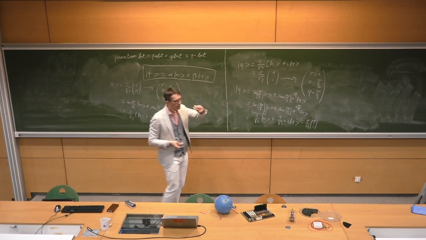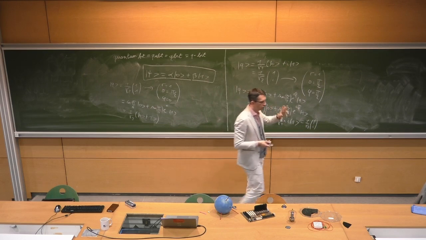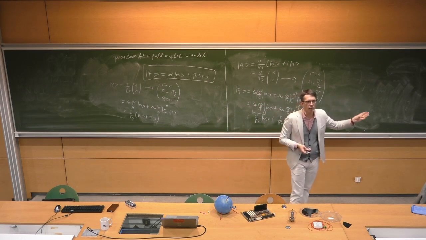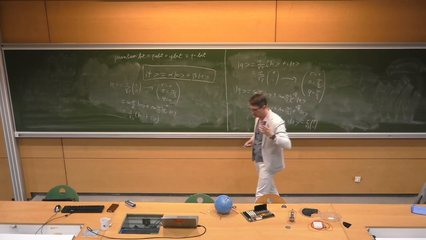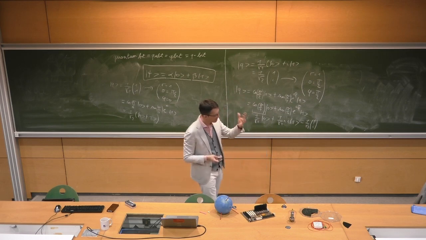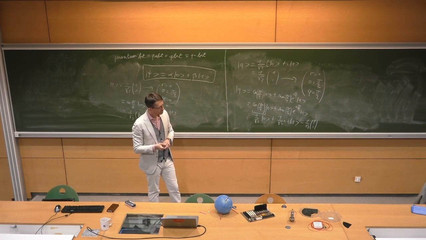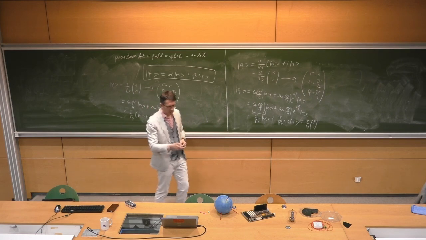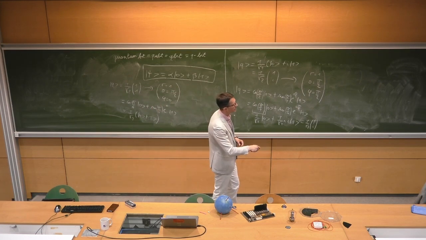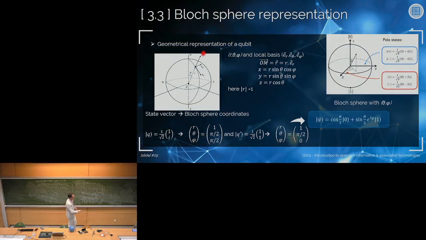The standard rotation matrices can also be generated through the Pauli matrices. And there is a direct mapping between these so-called classical spherical coordinates and the Bloch sphere.